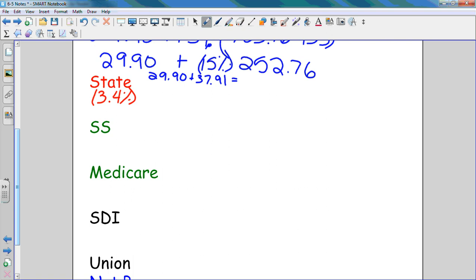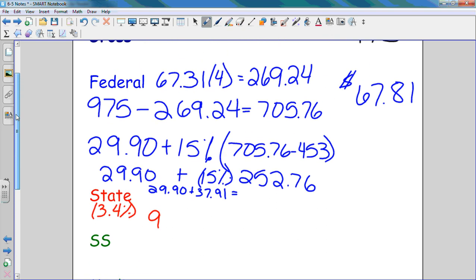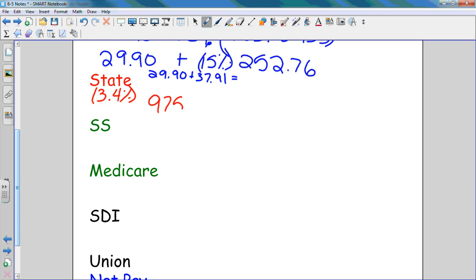So I have to take my gross pay, which is $975, times my 3.4%, and you get $33.15 goes to the state government.